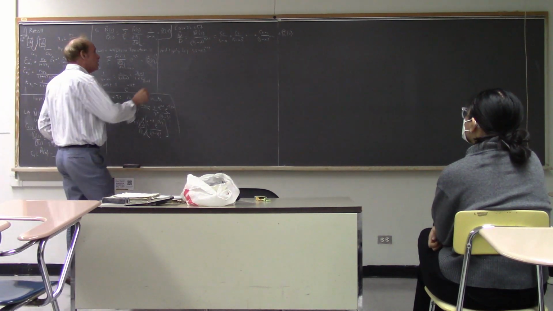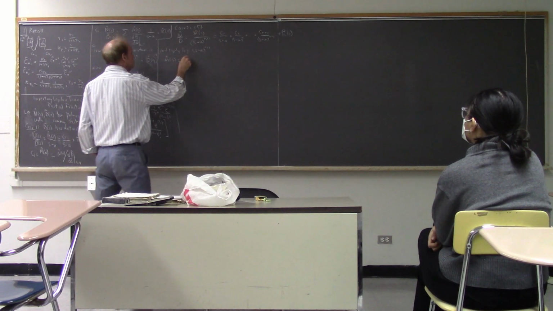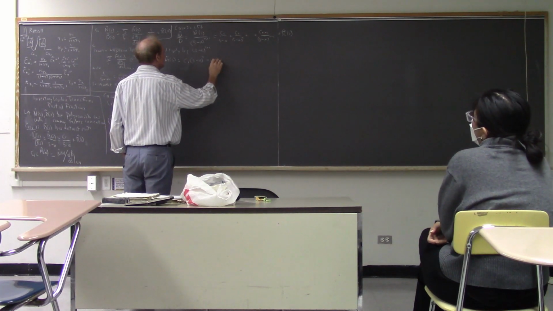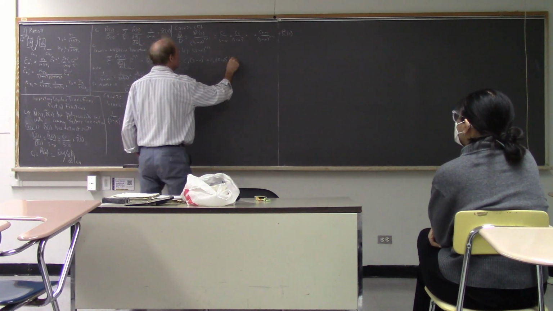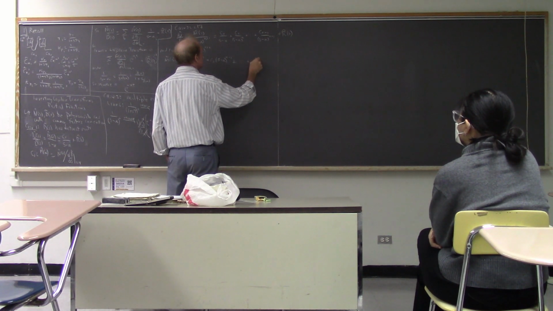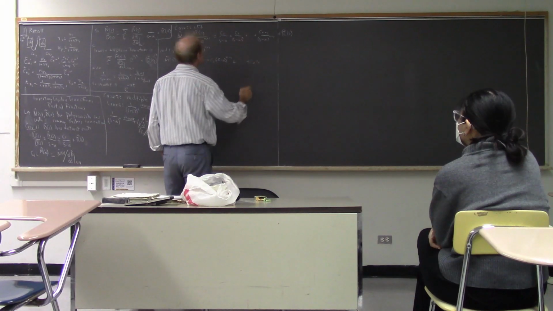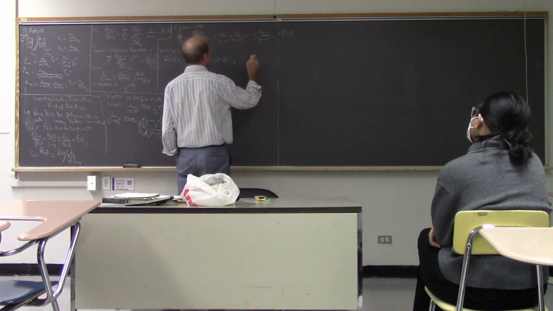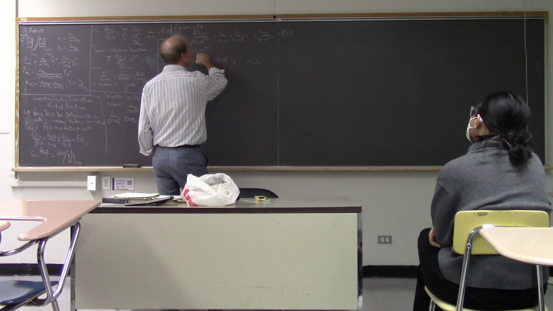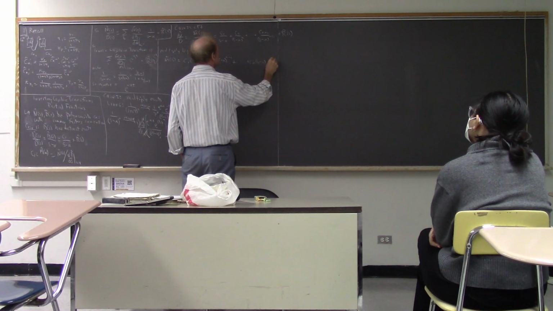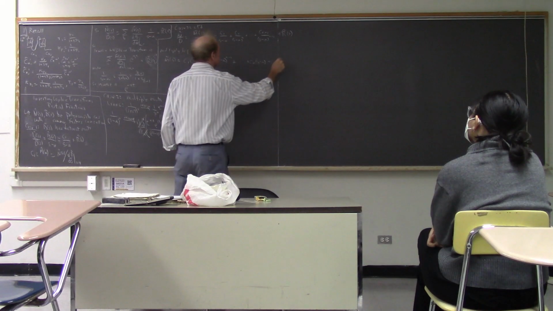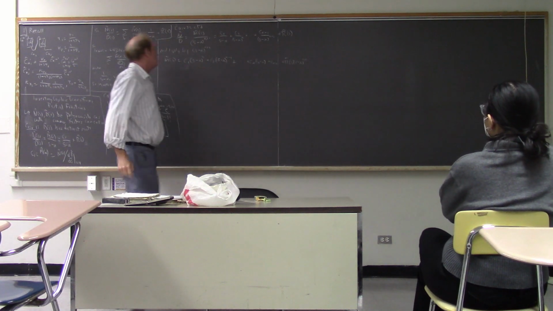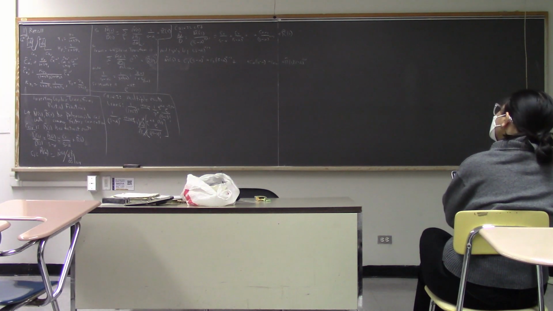If I do that, then I have m tilde of s equal to c1 times s minus alpha to the n plus c2 times s minus alpha to the n minus 1 plus dot dot dot plus cn times s minus alpha, plus cn plus 1 times 1, plus r tilde of s times s minus alpha to the n plus 1. So all I did is multiply out by s minus alpha to the n plus 1.